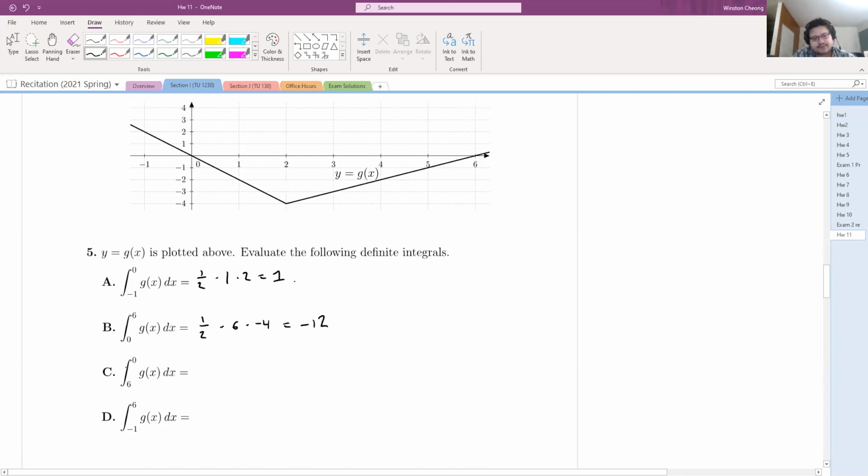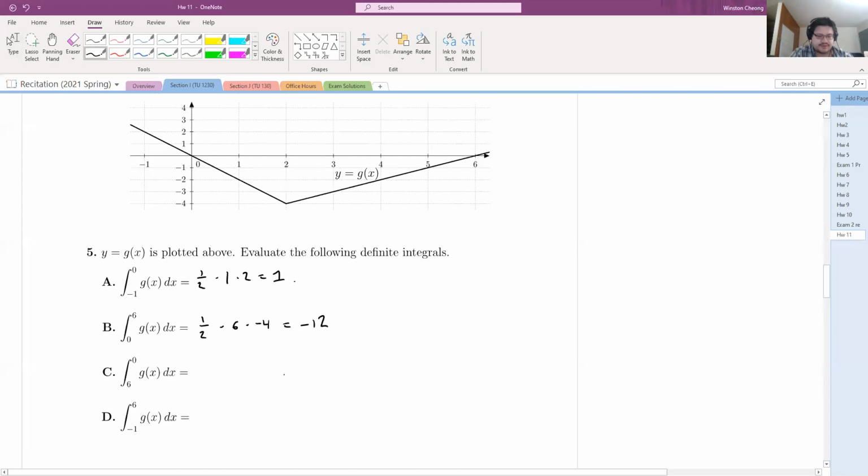Now for part C, notice that the only difference is that we've switched the order of the integral. So instead of going from 0 to 6, we're going from 6 to 0. We always read it from bottom to top. And the thing is that the order does matter. We normally want to go from left to right. Since we're going from right to left in this case, this is going to flip the sign of the answer.